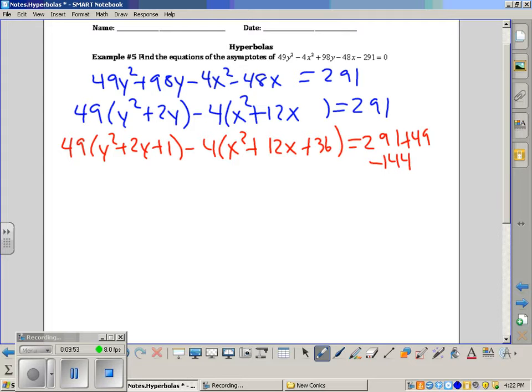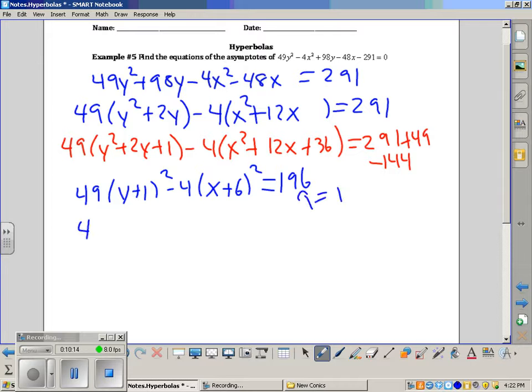So here's what I get when I do the work here. On the right-hand side, I get 196. And then, since I need to have this equal 1, I'm going to get, looks like that's what I'm going to get.